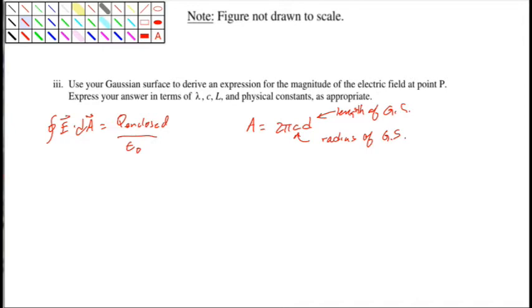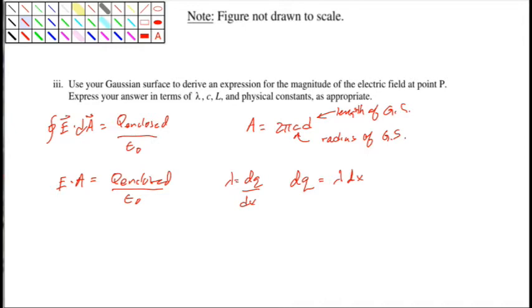So we can simplify this because E is perpendicular to the vector area. What we have here is E times A is equal to Q enclosed over epsilon naught. Now what we need is to figure out how much charge is enclosed. But we do know, as we said before, that lambda is equal to dq dx, so dq is equal to lambda dx.